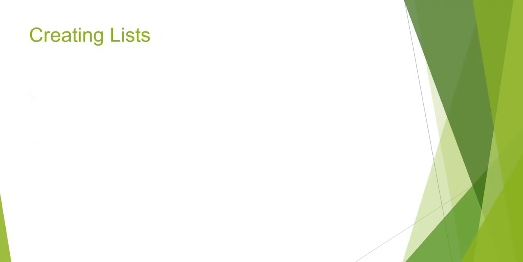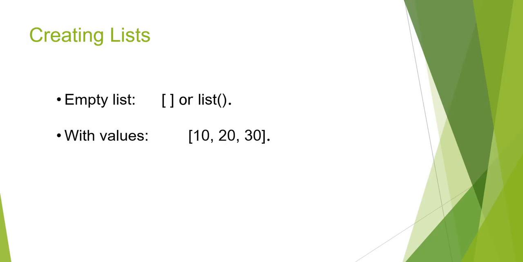Now let us see how to create lists. As shown here, when you give empty square brackets, we call it an empty list. Here is a list with values 10, 20 and 30. So there are 3 values in this list.